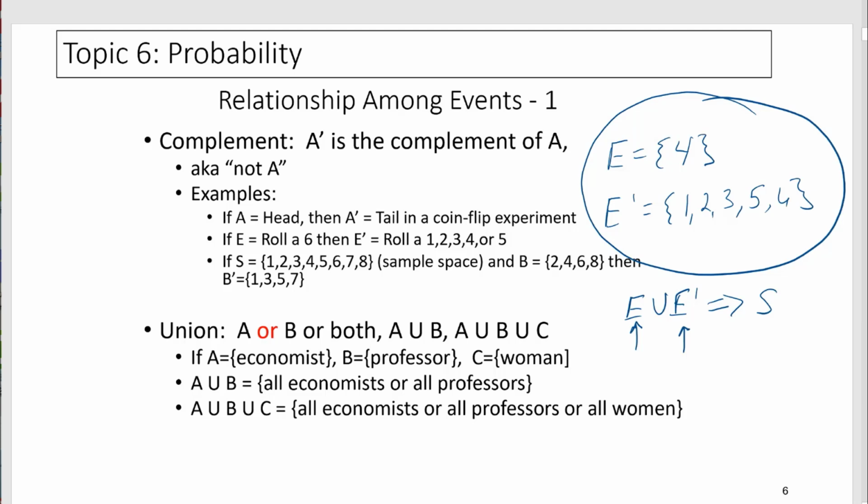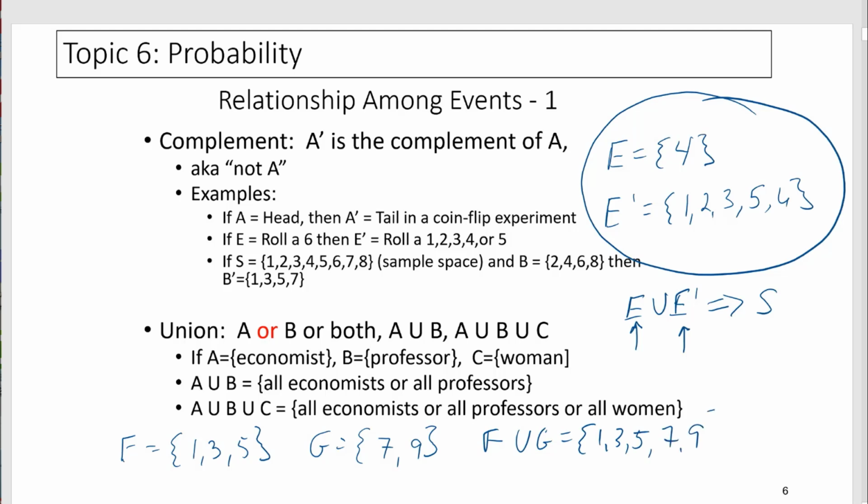So if I had a set, we'll call this F, is 1, 3, and 5, and G, event G, is 7 and 9, then F union G would union all of these together. So it'd be 1, 3, 5, 7, and 9.